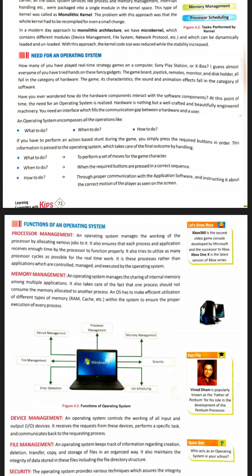For example, in the game he has to move the character, meaning what he has to do and when. At a particular condition he has to move the character, meaning when, and how, in which situation, in which application. All these things are performed with the help of the operating system in the computer system.